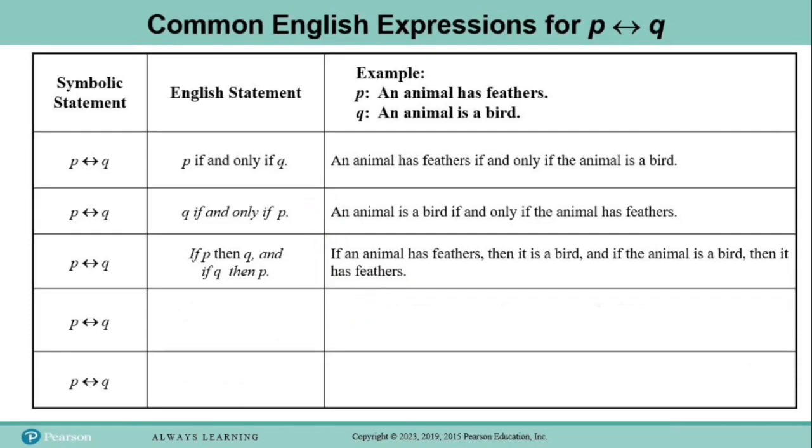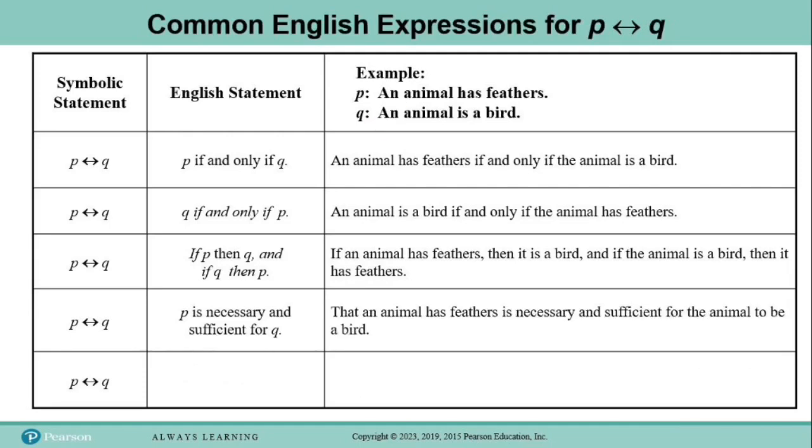Now, when we were doing conditional statements, we learned about "if" and we learned about "only if," but we also talked about sufficient and necessary. So another way to say P if and only if Q is to say that P is necessary and sufficient for Q. So we could say an animal having feathers is necessary and sufficient for the animal to be a bird.